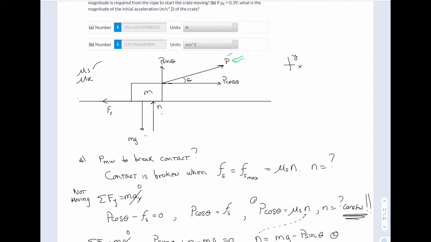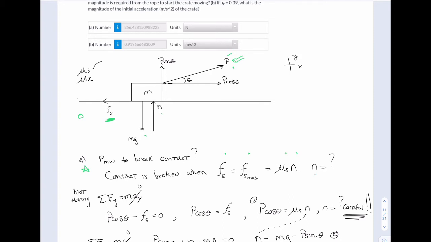Now if I'm not pulling, if P is 0, there's no static friction. But as soon as I start to pull, that static friction force points to the left. If I want to find the minimum pulling force to break contact, we have to remember that contact is broken when the static friction force is at its maximum value, and the maximum value is mu n. So what is n?